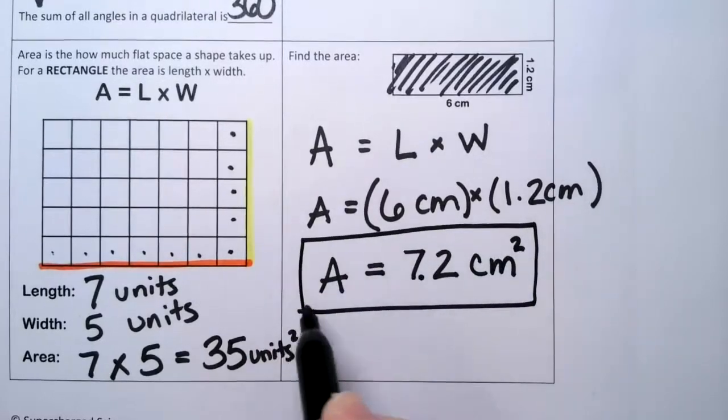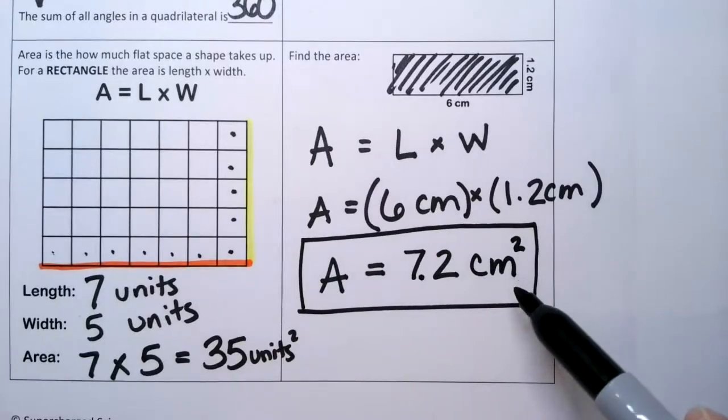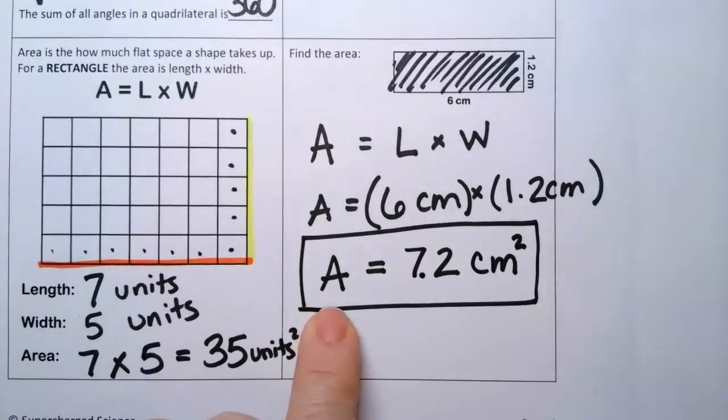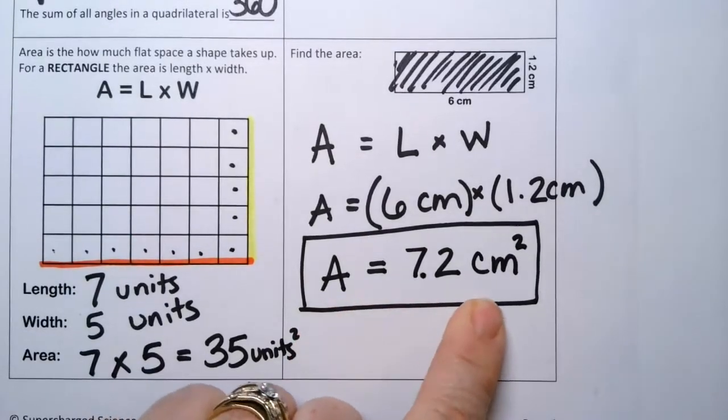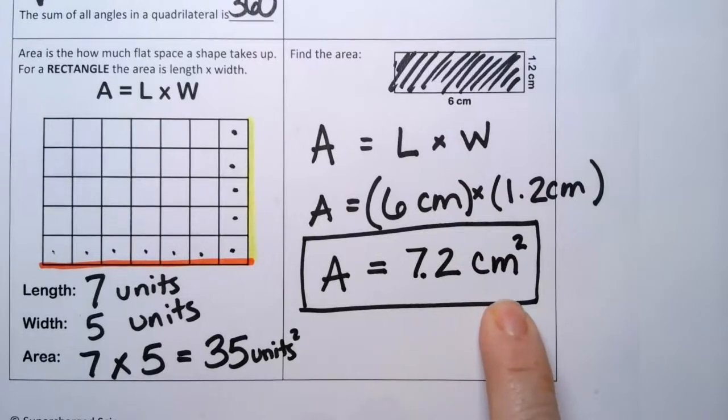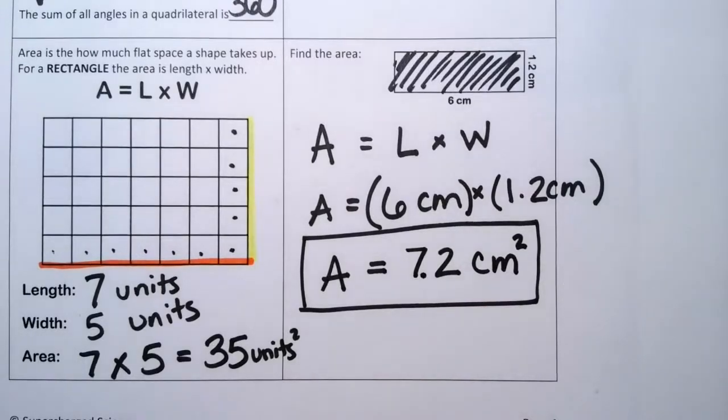And that indicates that this is area, that little 2, because it means square centimeters. So if I were to read this, I'd say area is 7.2 square centimeters, or you could say 7.2 centimeters squared, either way. All right, when you are feeling good about that, give me a little smile so I can see you. I see a few students. Good, excellent.